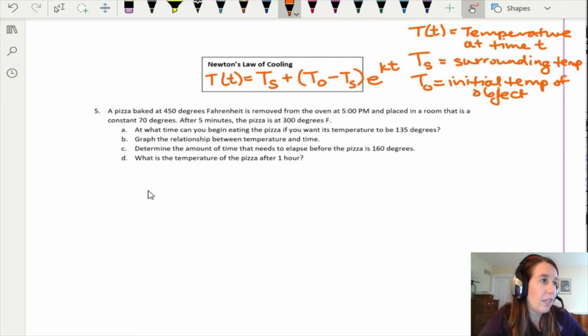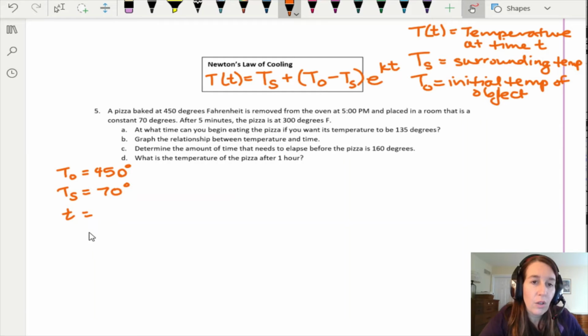So let's start with what we know. We have information about T naught, right? The pizza was removed from the oven at 450 degrees. The surrounding temperature is the room temperature, 70 degrees. The time that we're talking about, lowercase t, it started at 5 o'clock and it said after 5 minutes.